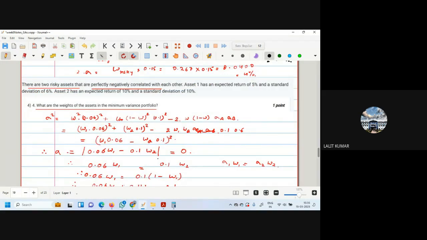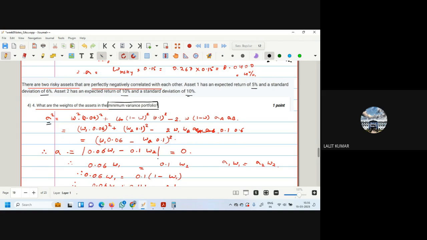There are two risky assets that are perfectly negatively correlated with each other. Asset one has an expected return of 5% and standard deviation of 6%; asset two has 10% and standard deviation of 10%. What are the weights of the assets in the minimum variance portfolio? We have to find the W star for the minimum variance.